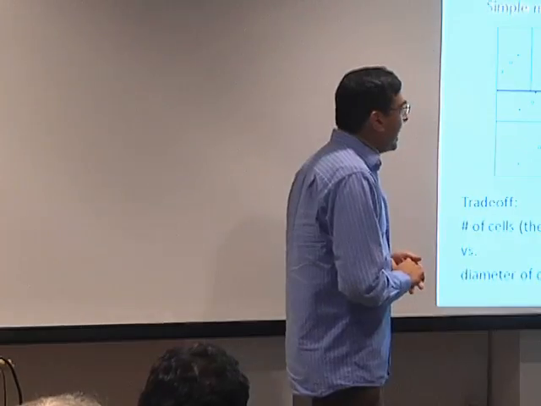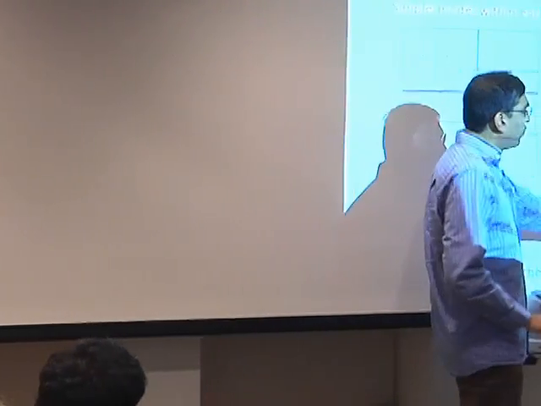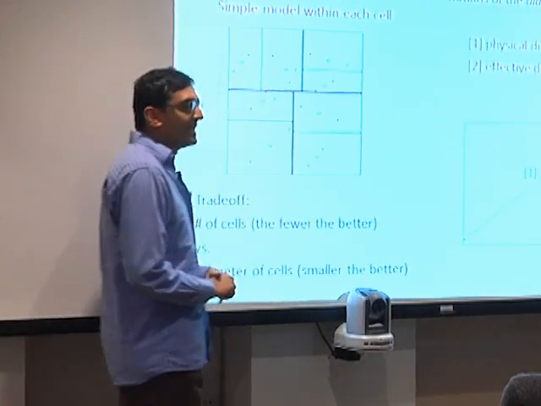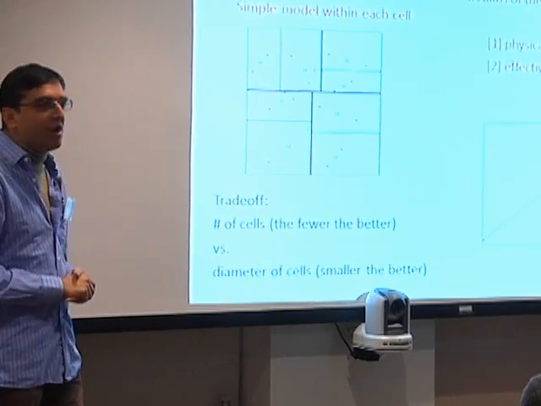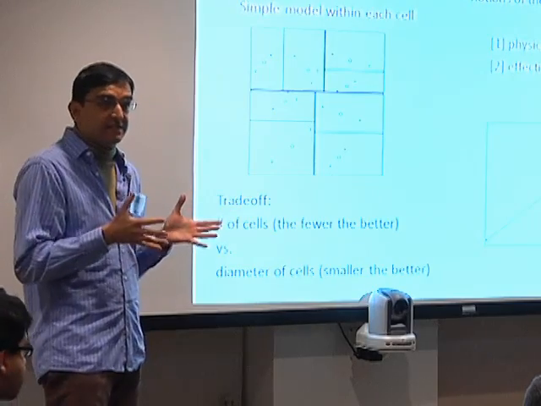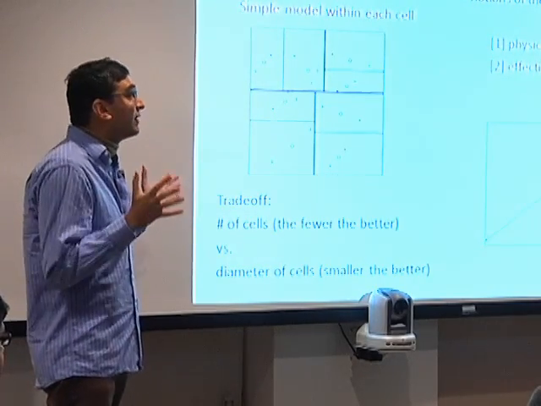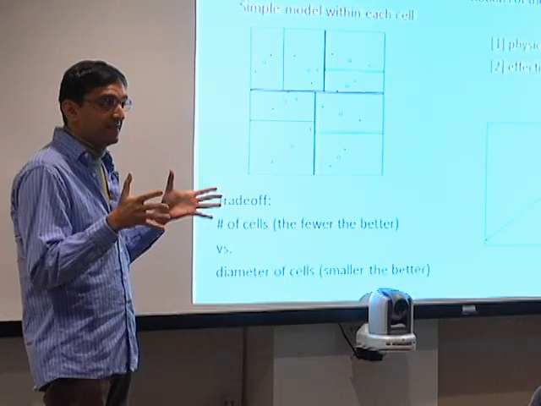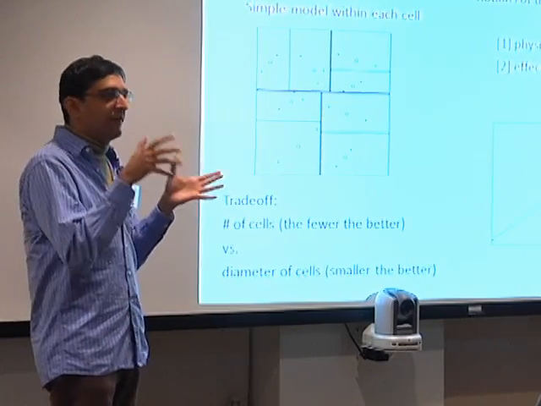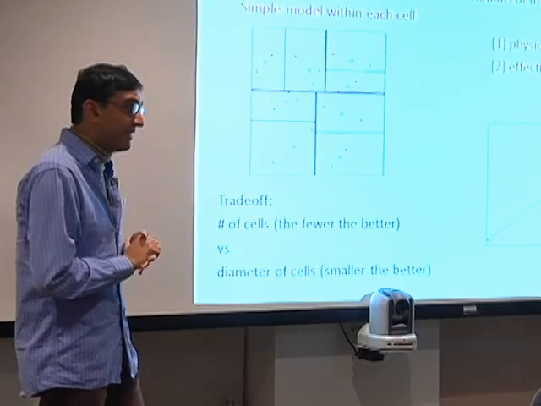Now, the bad thing about working with this physical diameter is that, if you're doing the analysis, the only way you can analyze the physical diameter is really if the cells are very regularly shaped, like they're all nice boxes. If you have weird shaped cells, it's very hard to get a handle on what the physical diameter is.